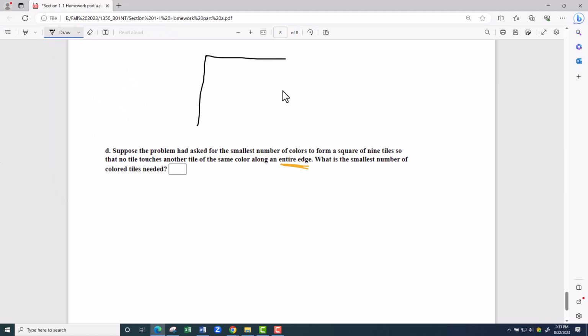So let's think about, here I have 9 tiles, and all it's saying is I can't touch along these edges. It doesn't say anything about the actual points, okay? It's just saying along those edges.